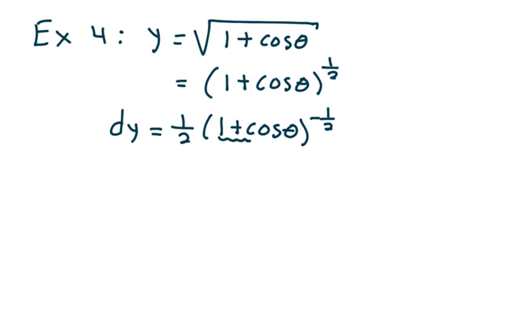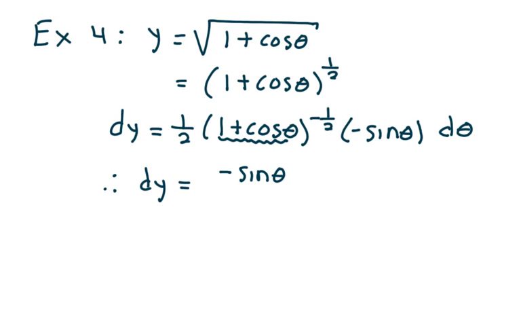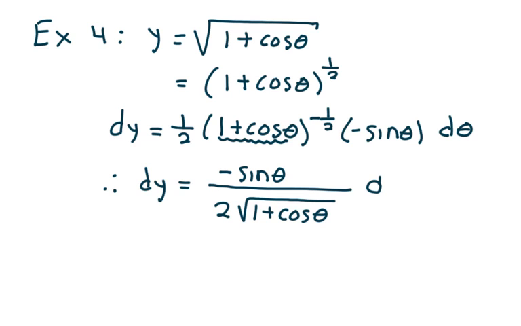But remember, I have to multiply by the derivative of the inside function, which is negative sine theta. And since you're finding a differential, I have to attach d theta to the end of that. And so dy is negative sine theta, if I were to simplify, divided by 2 square root of 1 plus cosine theta, d theta. So that's example 4.